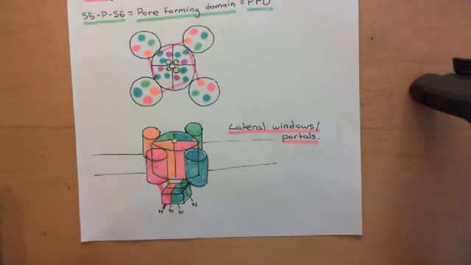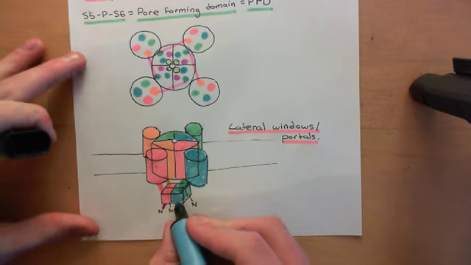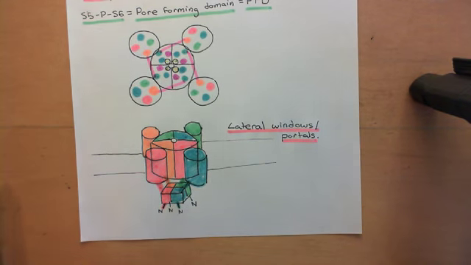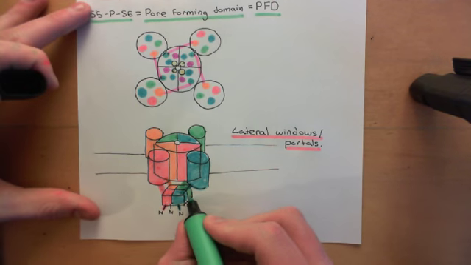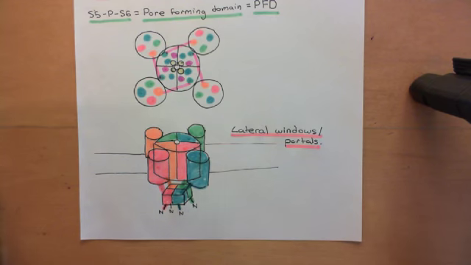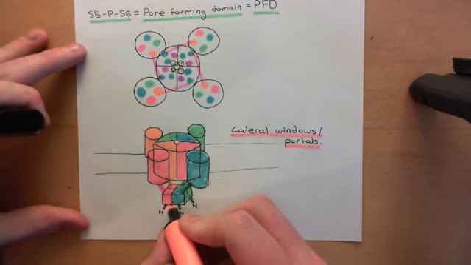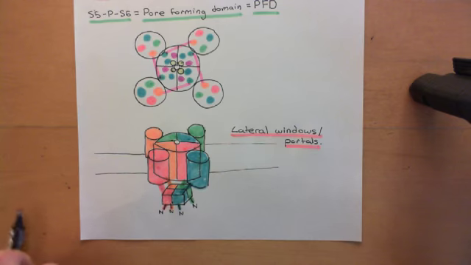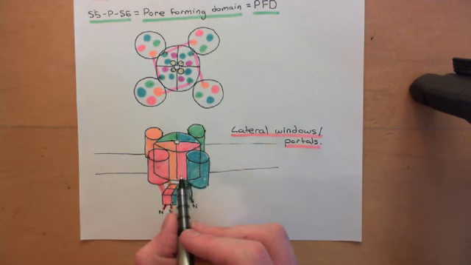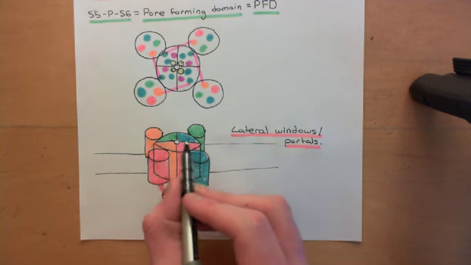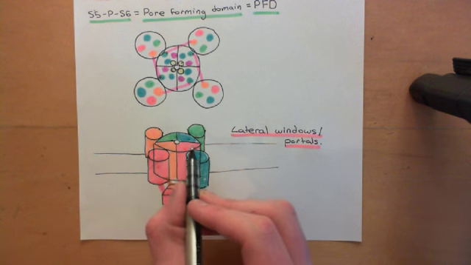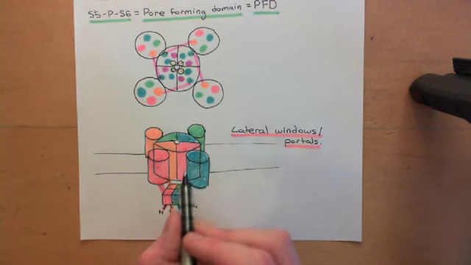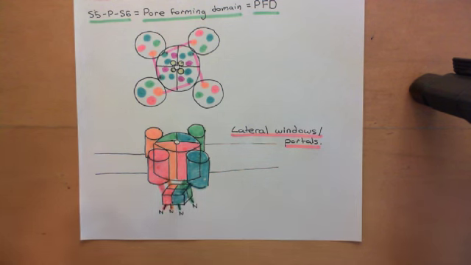This one's the red subunit, this one is the blue subunit, this one is the green subunit here, and this one is the orange subunit back there. You could also, if you like, add on the C termini, which will be dangling down from where the pore forming domains actually are, but I won't do that for fear of ruining the picture.